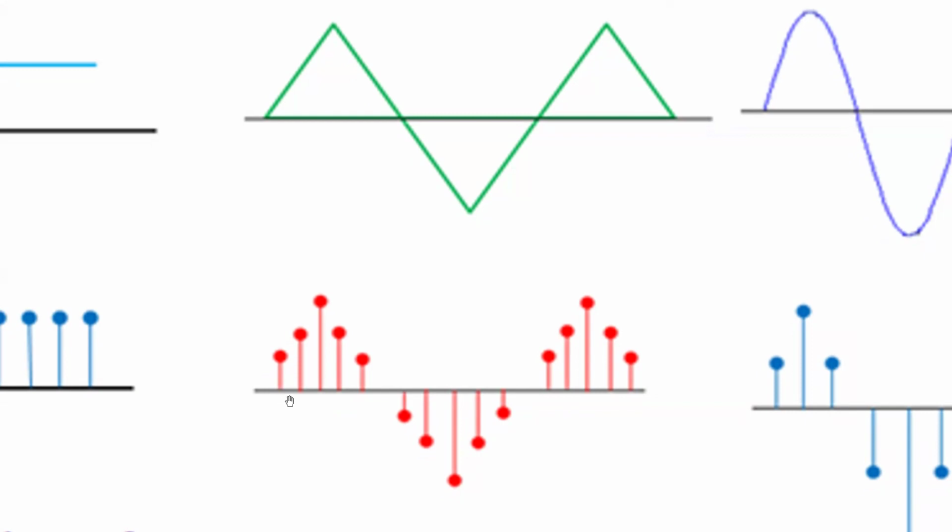How finely you chop this time-wise, how often you take a sample, so the sampling frequency or sampling rate. And it also depends on the resolution, when you take the signal from its minimum to the maximum, how finely you chop it vertically as well.